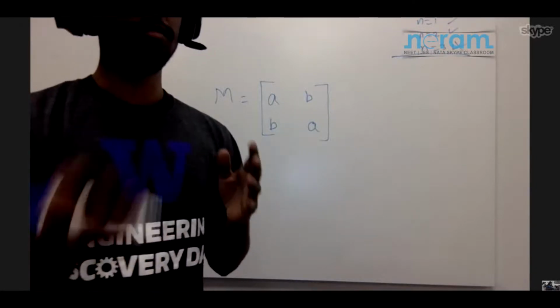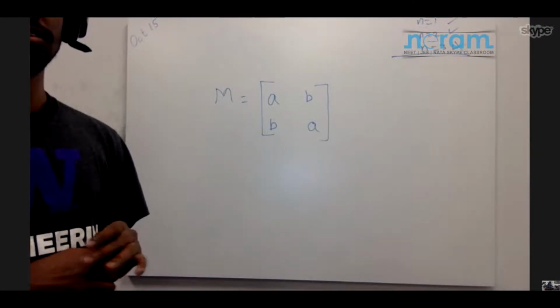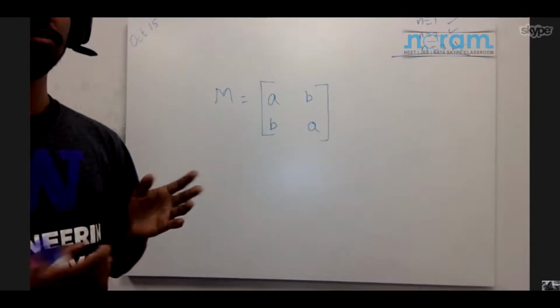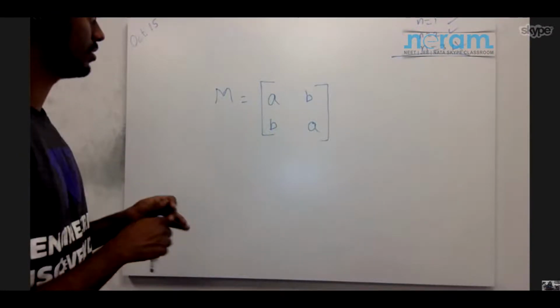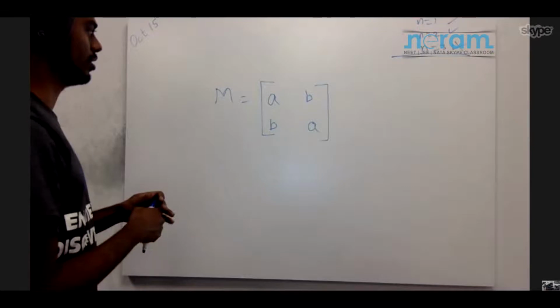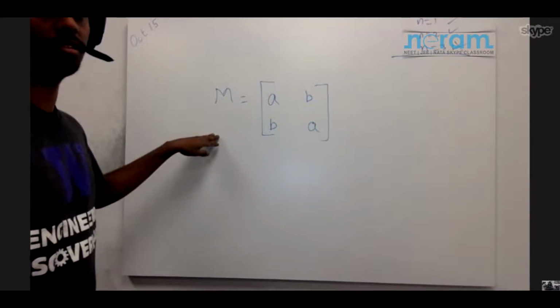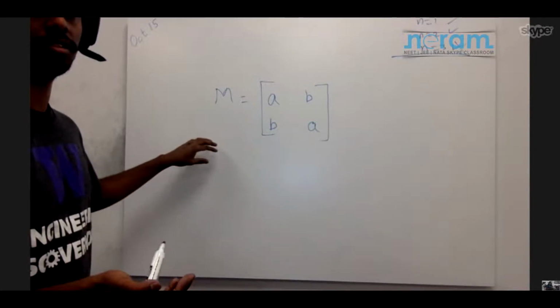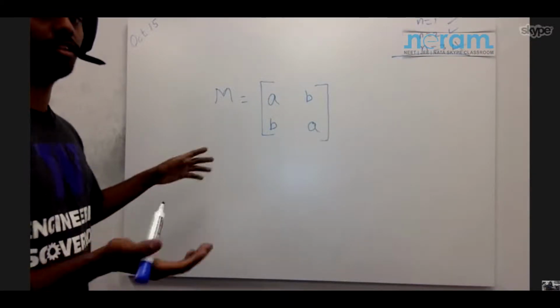And M is invertible if... when is M invertible? When this is a non-singular matrix, right? So non-singular இருக்கணும்.